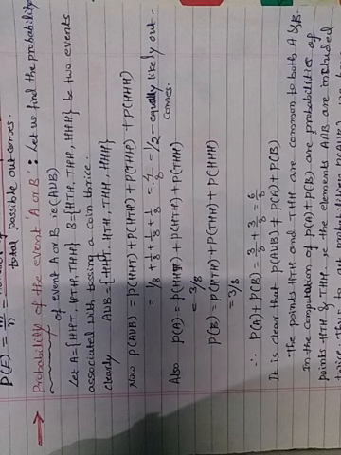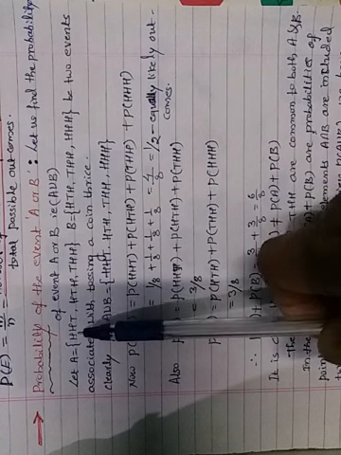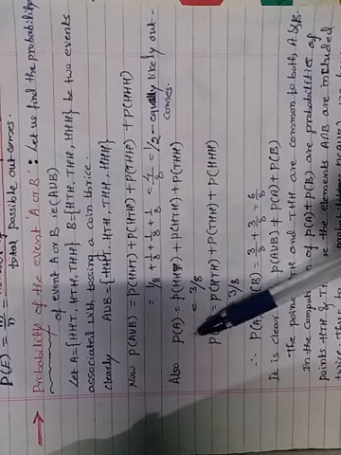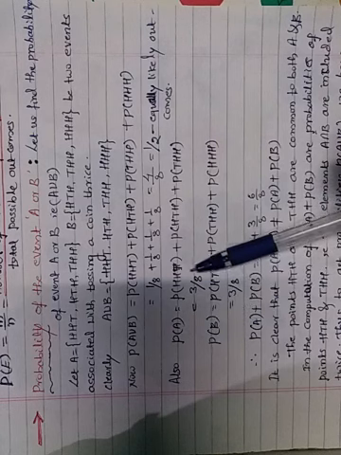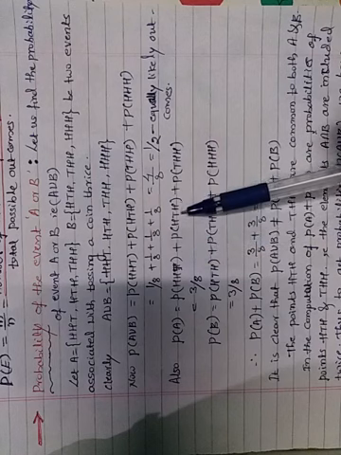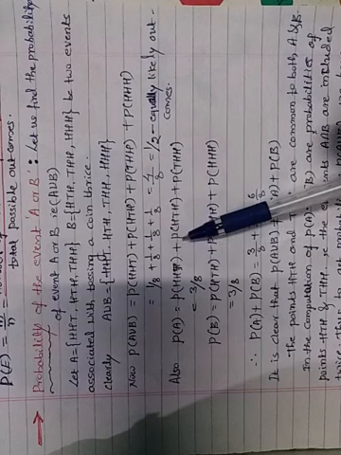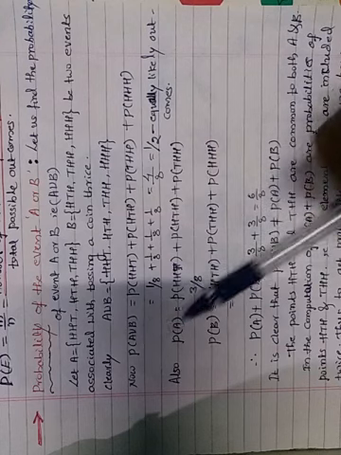That is the first set's probability. Whatever we have taken here as A, there are 3 outcomes, and P of A equals P of HHT plus P of HTH plus P of THH. Hence the total probability is 3 by 8 for the set A.